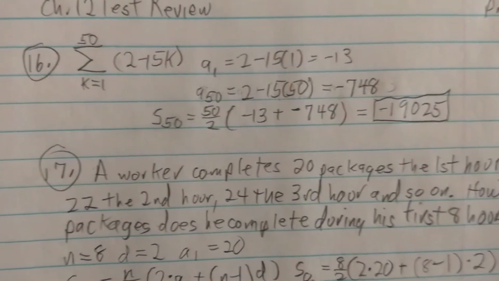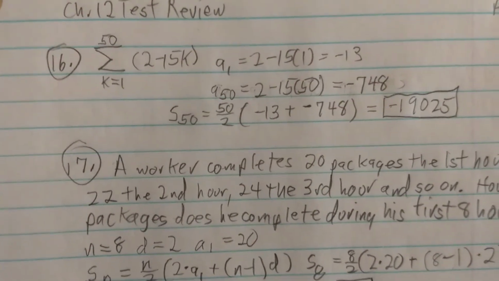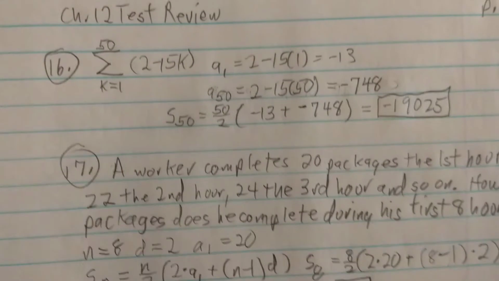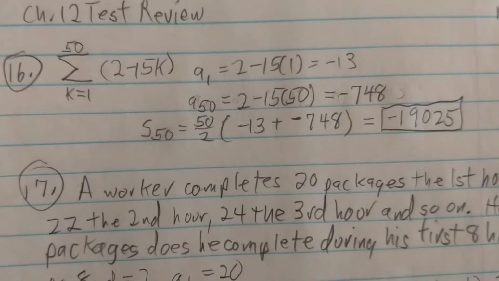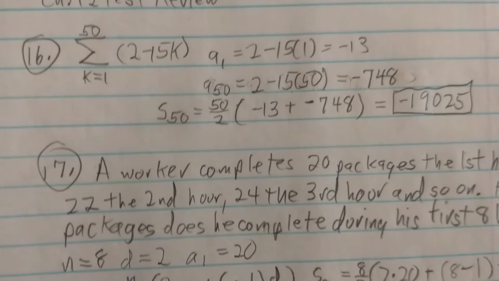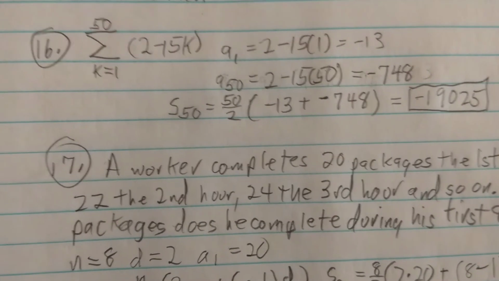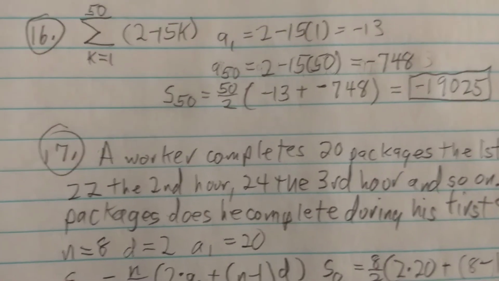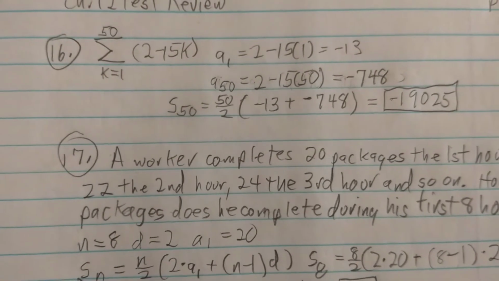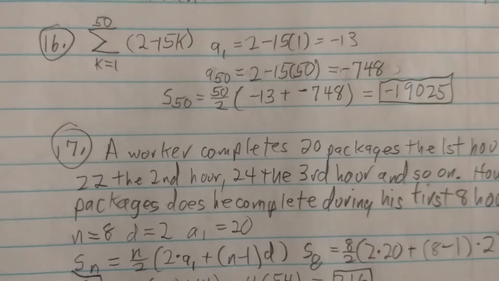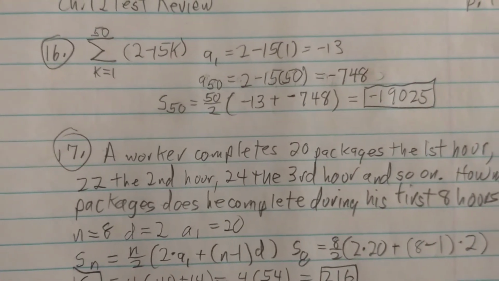Now on 16, we have the finite summation of k equals 1 to 50 of the sequence term 2 minus 15k. Getting a1, 2 minus 15 times 1 is negative 13, and to get a50 is 2 minus 15 times 50, which is negative 748.